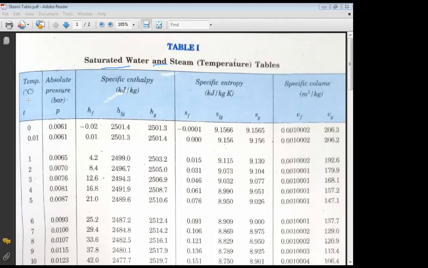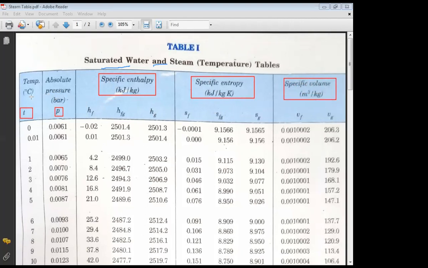Here if you see, in the first column they have mentioned the value of temperature, in the second column the value of pressure, in the third column the value of specific enthalpy, that will be in terms of kilojoule per kg. Fourth column specific entropy, kilojoule per kg Kelvin, and fifth one is specific volume in terms of meter cube per kg.